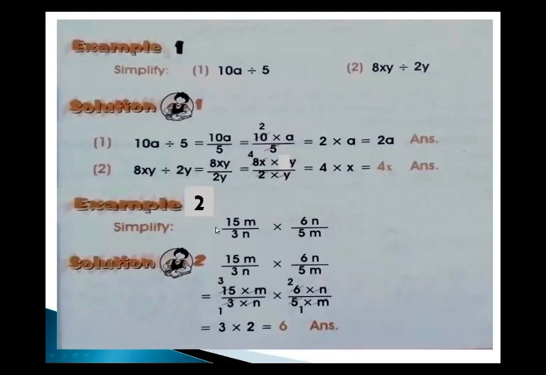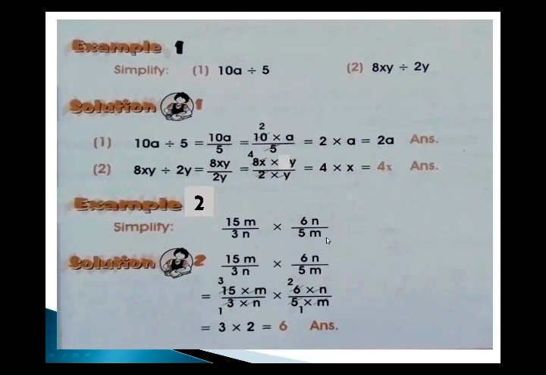Okay students, so I hope you all understand this question which we solved by using the division operator. There is another example in this way. In this example they already give the question in that form, where the numerator and denominator are written. So 15m divided by 3n multiplied by 6n divided by 5m.